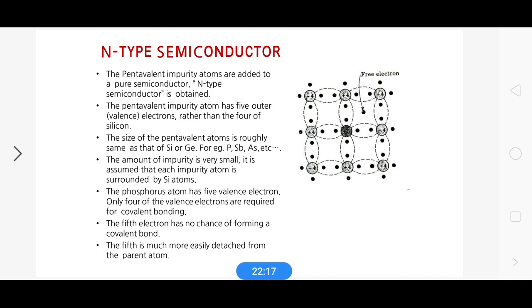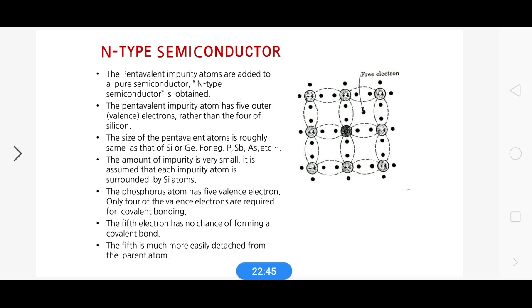One more electron of the phosphorus atom in the outermost orbit has no chance to form a covalent bond.